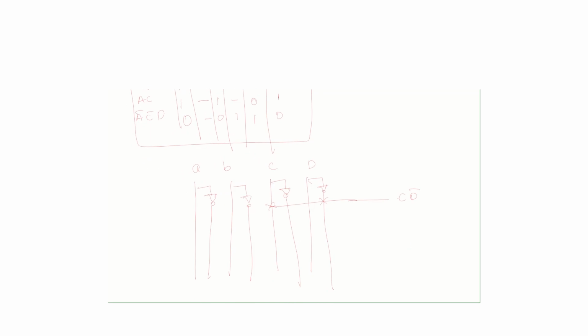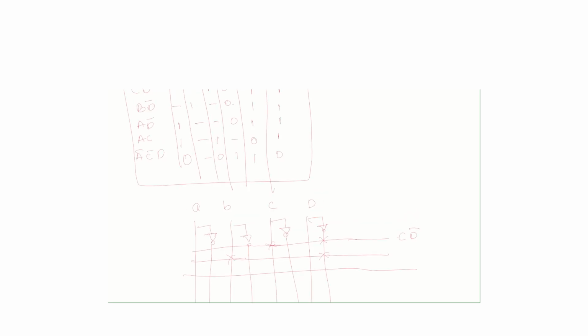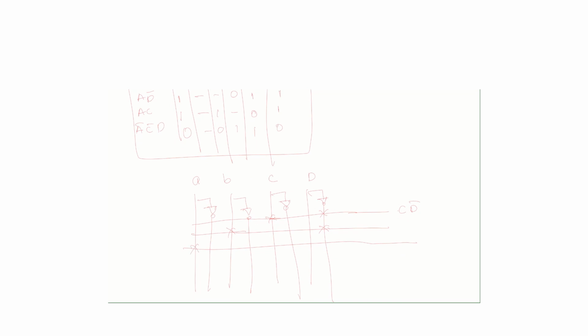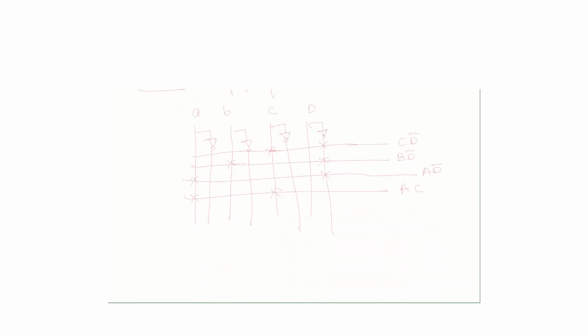Then comes BD bar, cross here. Then comes AD bar, then AC, then A bar, C bar, D.